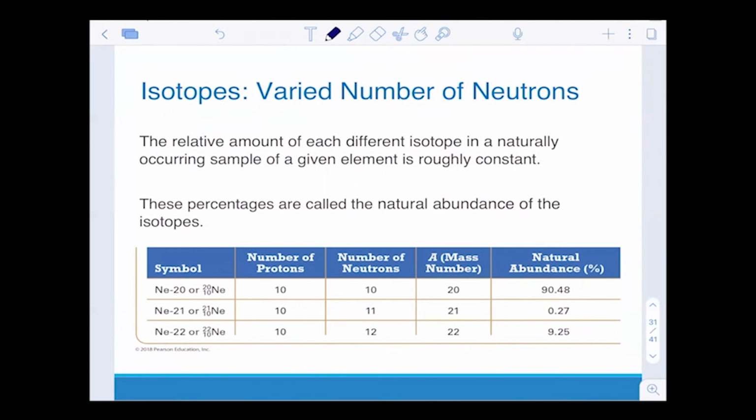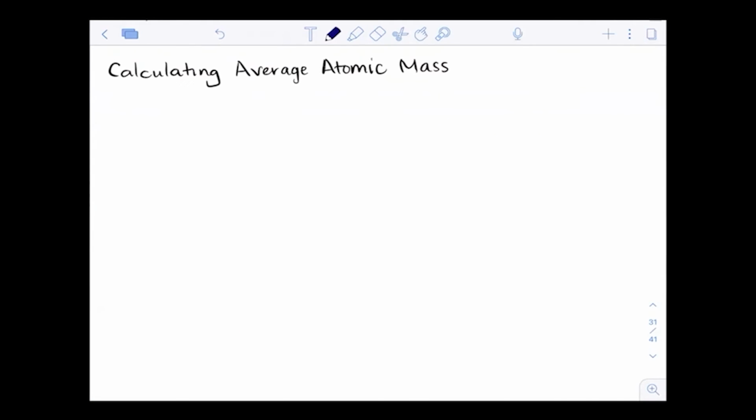And when different atoms of an element have different numbers of neutrons, they can have the same proton count. I'll give you a couple of examples in just a second, but those relative numbers of neutrons could be different, and it actually changes the mass, it changes the physical properties, it changes everything about the element.